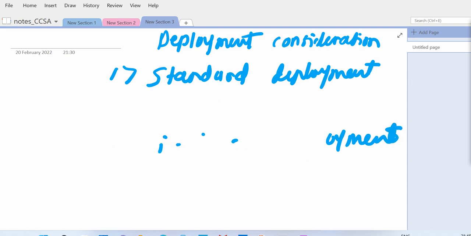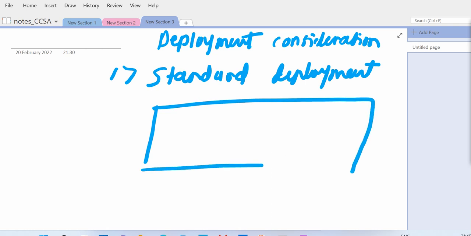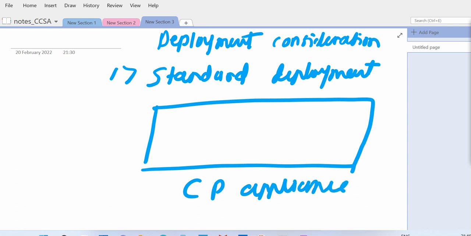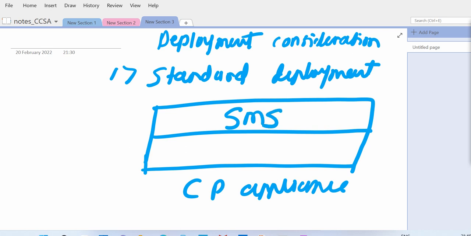Let's learn what is in standard deployment first, and then we'll go to the distributed deployment. In a standard deployment, you have the SMS, security management server, and the security gateway. So consider this is your checkpoint firewall appliance. Within this appliance, you achieve the functionality of your security management server and gateway.